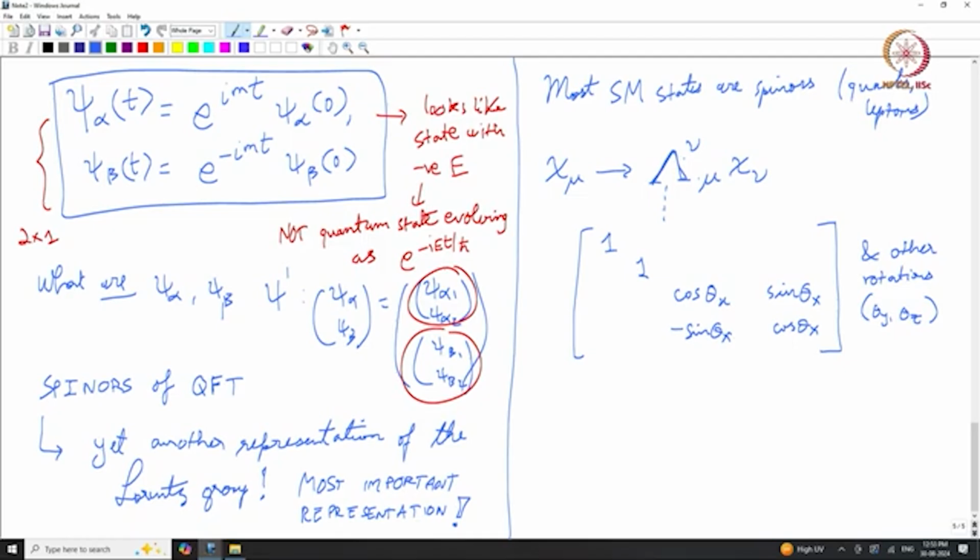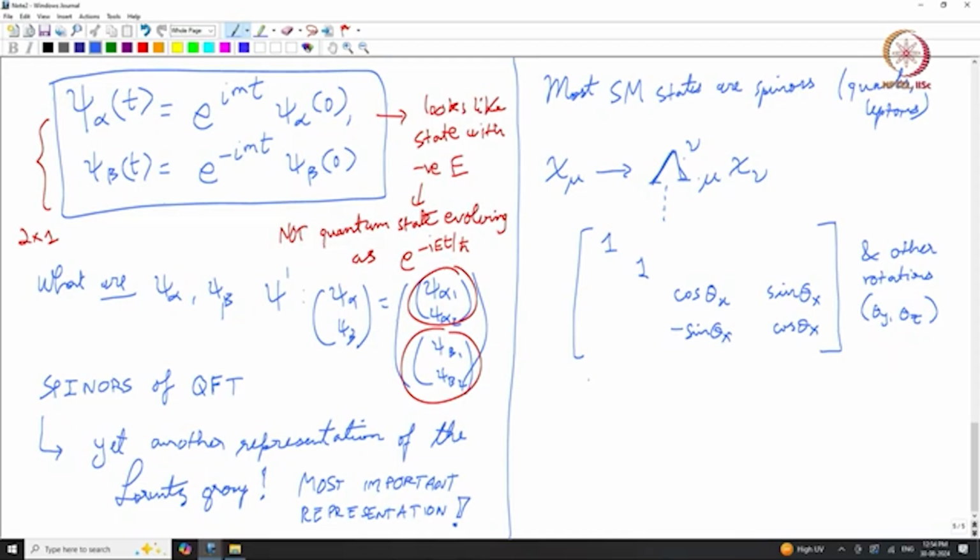Does this form part of the Lorentz group? It absolutely does. Generally, naively, people might think that the Lorentz group encompasses only the Lorentz boosts because it has the word Lorentz in it. No, the Lorentz group also contains rotations. So this is definitely one representation of the Lorentz group. Let me write down other kinds of representations.